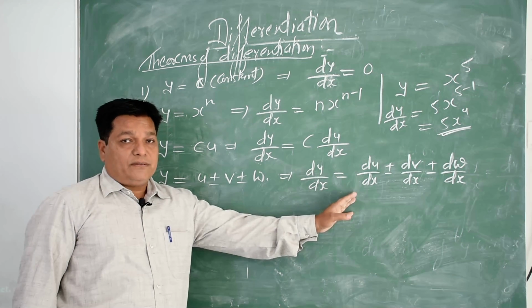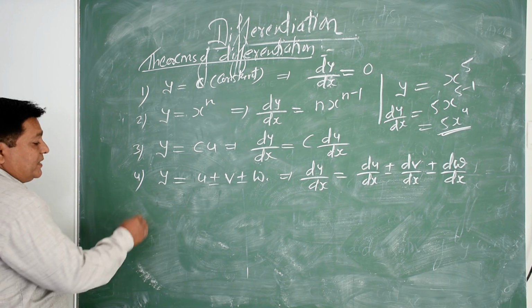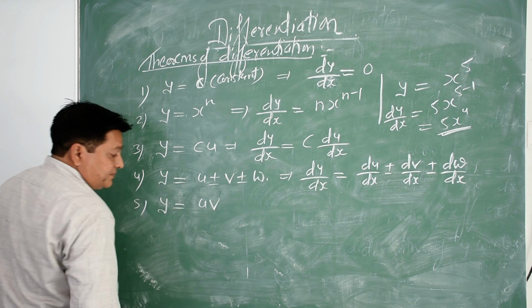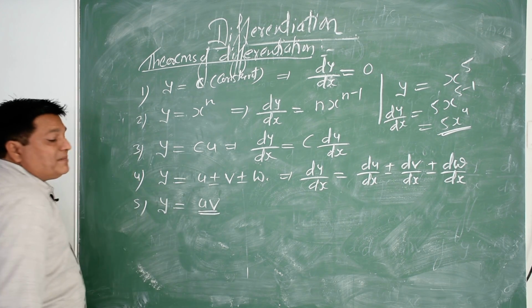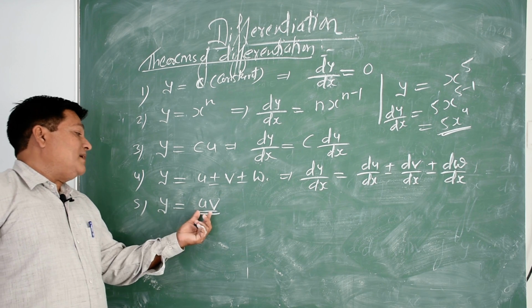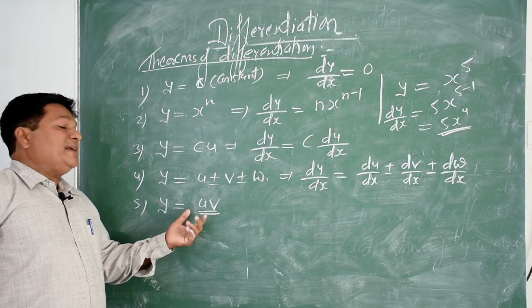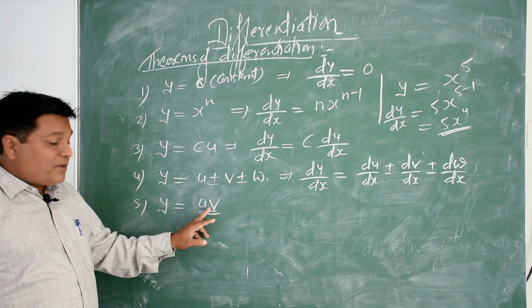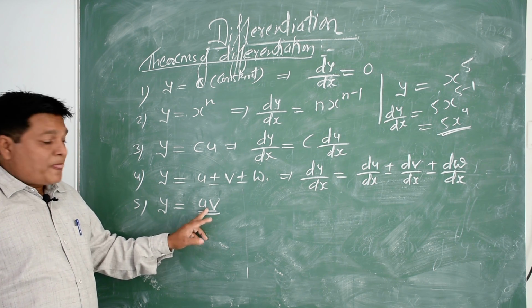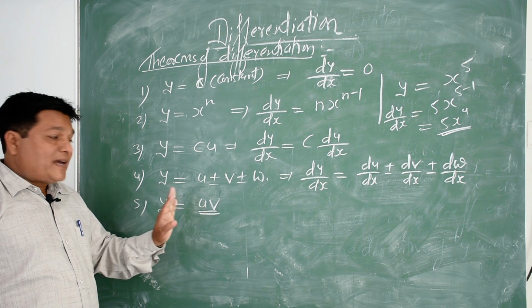Next, fifth theorem is that y is equal to uv, both terms are there, u and v, two terms are there and both terms are in product form. There is a product between them, multiplied there. U and v are functions of x, they are multiplied.